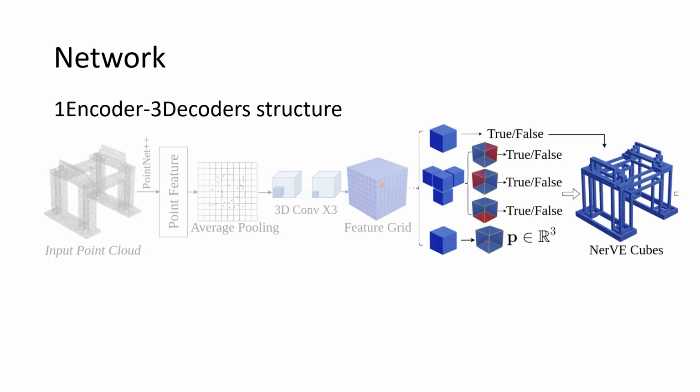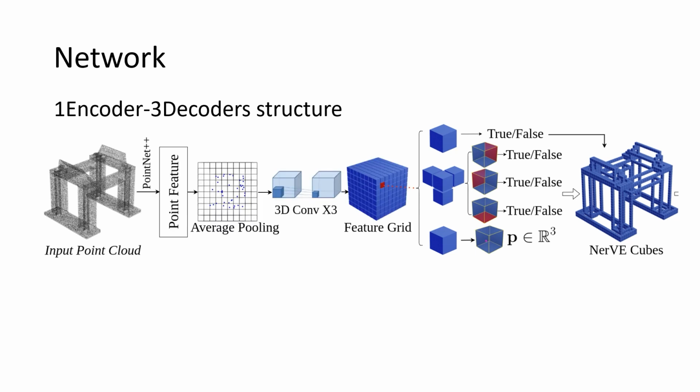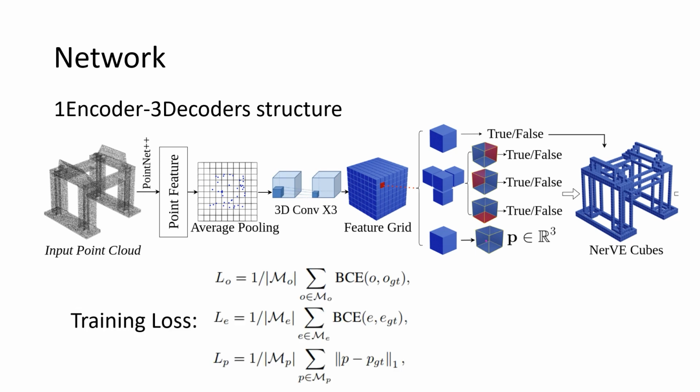In the decoder part, 3 MLPs are used to predict 3 NerVE attributes of the cube using the feature in every cell. In addition, features of adjacent cubes are concatenated for the face status prediction. To avoid meaningless computation, we apply cube masks to the feature grid. In training, losses are only calculated in the filtered grid.